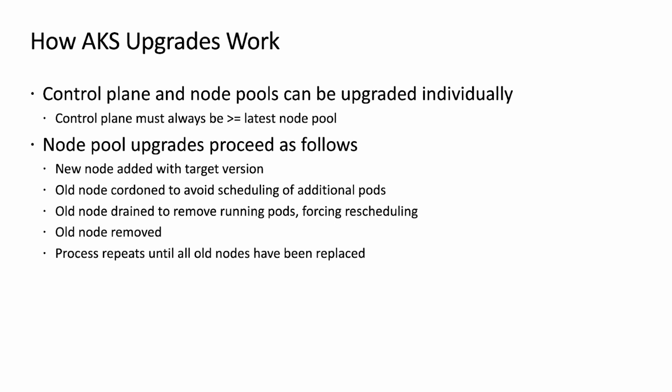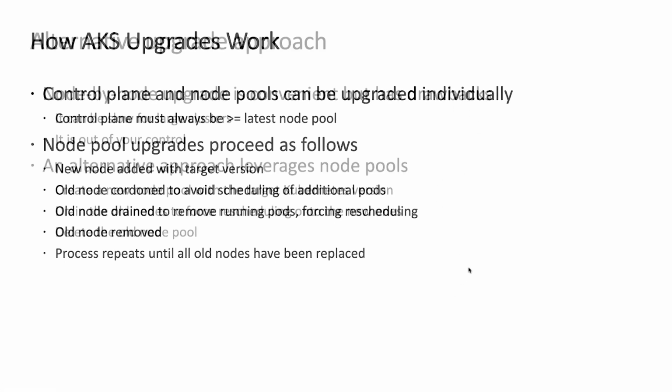Then we will pick one of the older nodes and perform a cordon and drain operation similar to the one that we just saw, where we'll try to drain all the existing workloads off of that node and move them elsewhere within the node pool until that node is completely empty, at which point it'll be removed, a new node will be added, and then that process continues until all of the nodes have been moved forward and replaced with ones that are running on the new version.